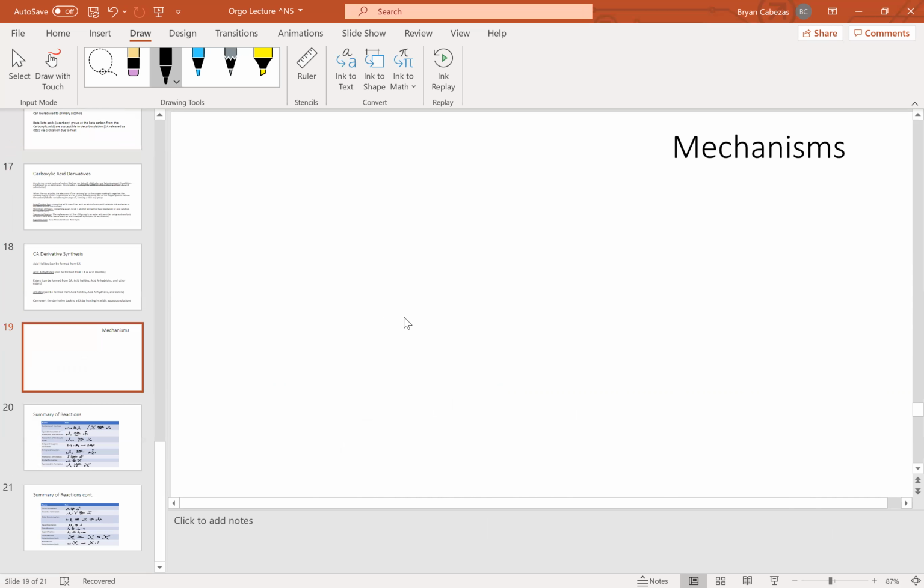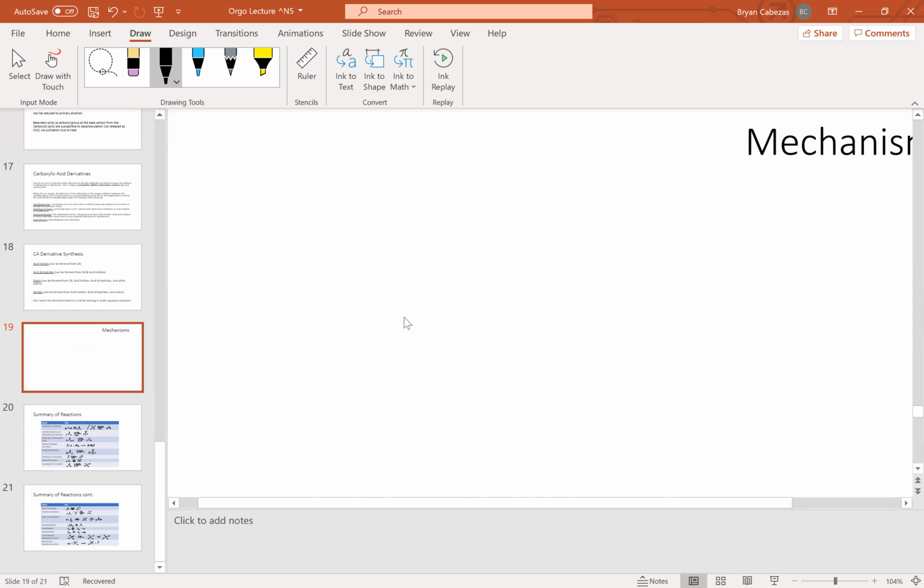So for the aldol condensation, what we're going to have is two carbonyl groups. Let's say in this case, we're going to have two aldehydes. So this CH3 here. We're going to use a strong base, like NaOH in water, to deprotonate the alpha hydrogen from our molecule.